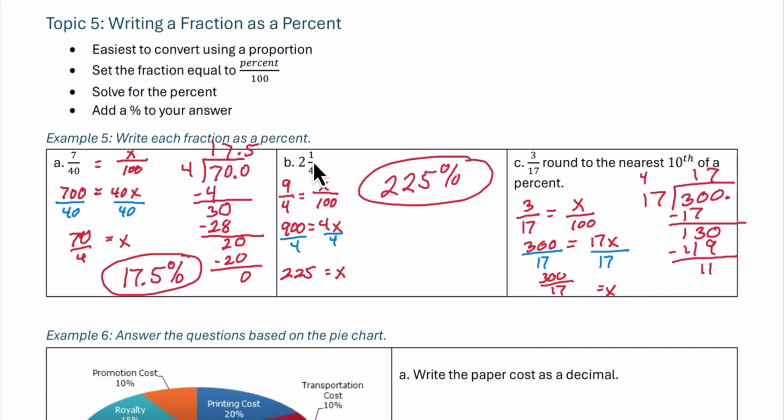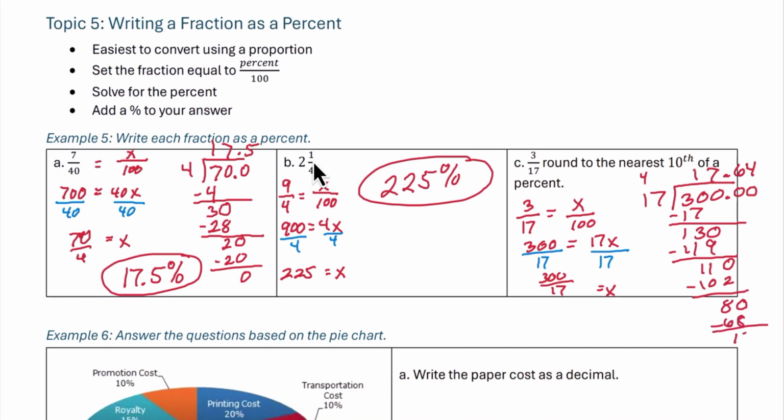We'll need to add a decimal point and drop down that 0. 17 goes into 110 6 times. 6 times 17 is 102. Subtract and we get an 8. Again, we'll need another 0. Drop it down. 17 goes into 80 4 times. 4 times 17 is 68.